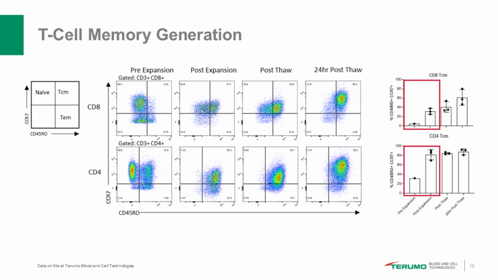And you can see these cells were gated on CD3 first, and then CD8 or CD4 thereafter. On the columns on the right-hand side, you can see that the proportion of CD8 and CD4 central memory cells increased throughout the manufacturing process.